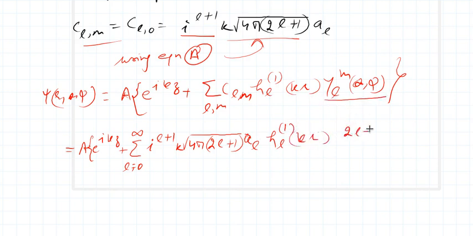Its value will be the square root of 2L plus 1 over 4 pi, into P_L(cos theta).